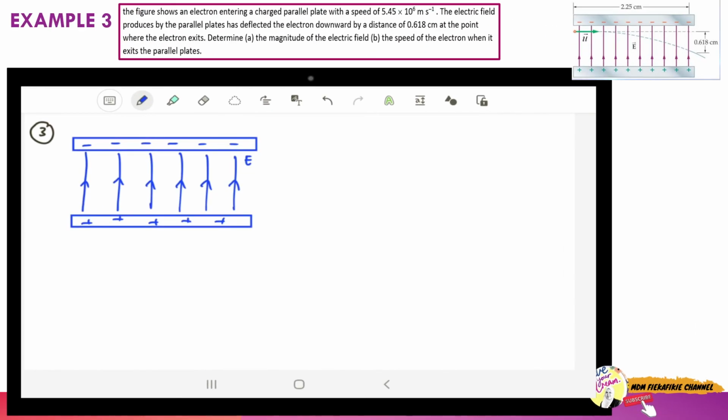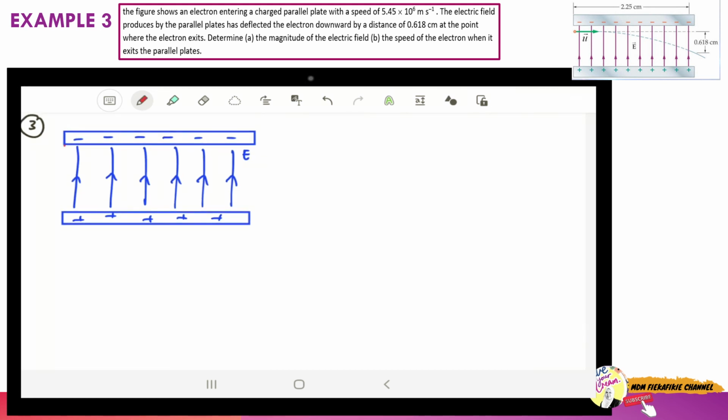Example 3. Here we have a diagram showing an electron entering a charged parallel plate with a speed of 5.45 times 10 power of 6 meter per second. In the diagram, the electron enters the electric field with U, where U is equal to Ux.